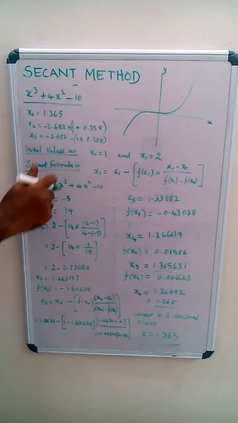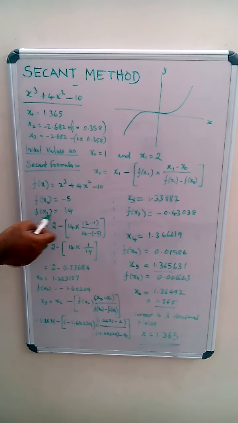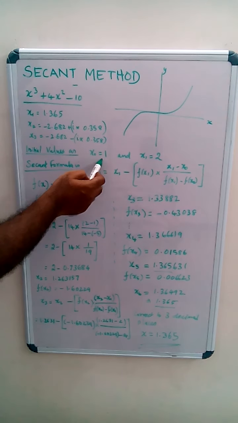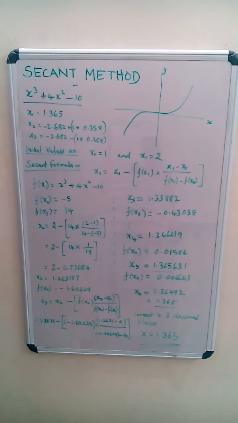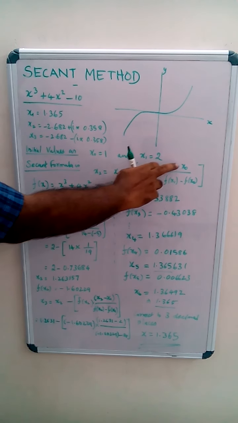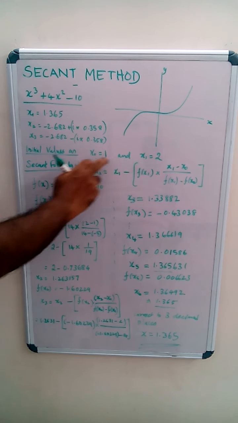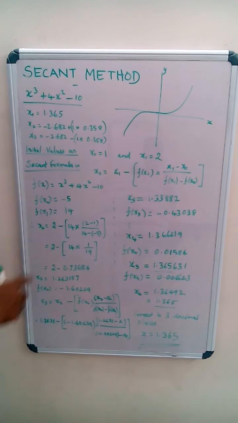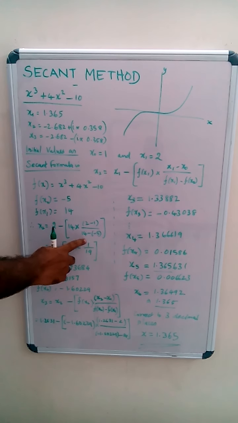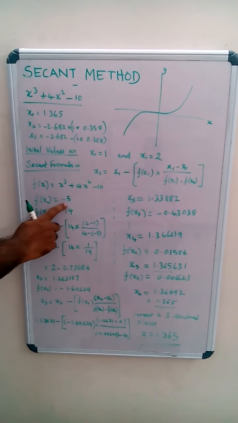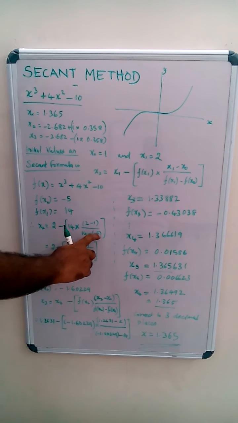So now we know all the values. x1 is known, f of x1 we have just evaluated, x0 is known, and f of x0 we have just evaluated. So now substitute all these known values to find x2. So x2 is equal to x1, that is 2, minus f of x1, which is 14, into x1 minus x0, that is 2 minus 1, divided by f of x1 minus f of x0, that is 14 minus bracket minus 5.